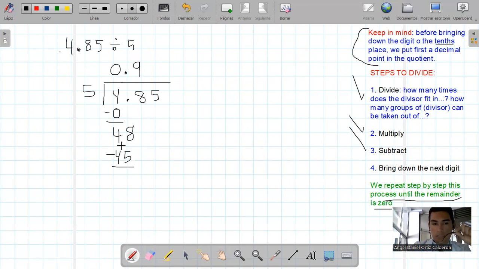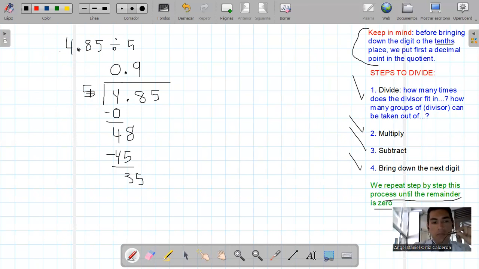We have to subtract these numbers here. 48 minus 45 equals 3, right? That was the third step. The last step is to bring down the next digit. Well, what is the next digit? The next digit is the number 5. You have to bring down this number. And then repeat the same process because the remainder is not the number 0.